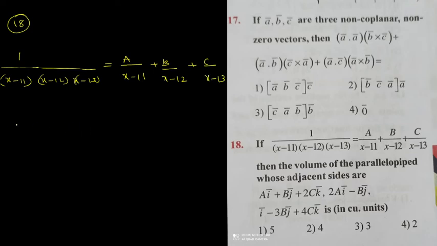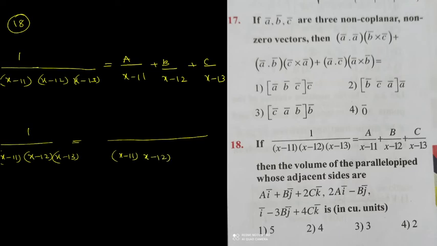Now take the LCM. First you should find the a, b, c values. On the left hand side the LCM is there, so on the right hand side we have the denominators x minus 11, x minus 12, x minus 13.